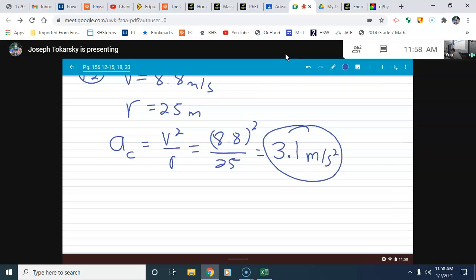This particular example was somebody just running around a turn, and we already used a similar example earlier in the week. It doesn't ask to actually physically find it because we don't have enough information. We just want to identify what would be the force that is causing the centripetal acceleration, hence the centripetal force. Like friction, right?